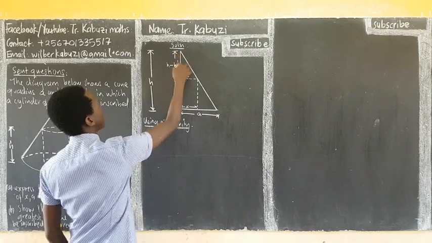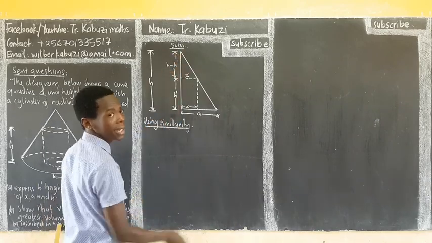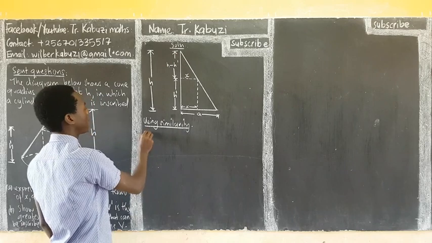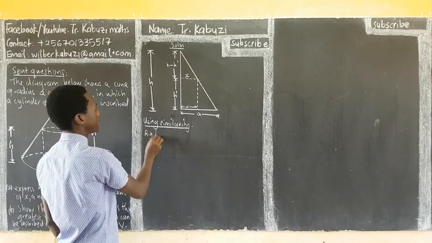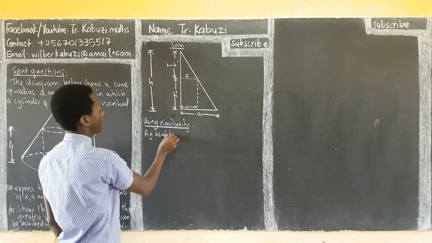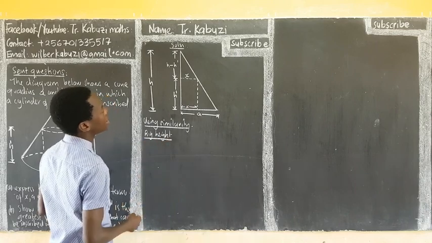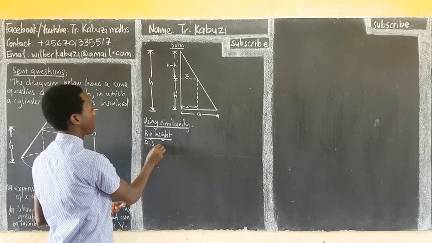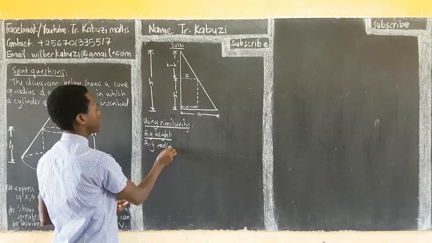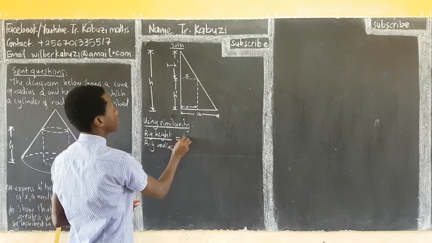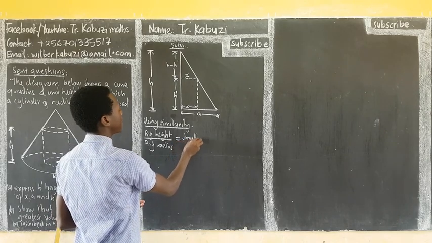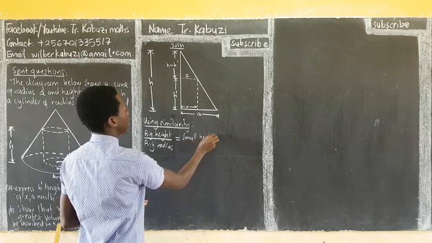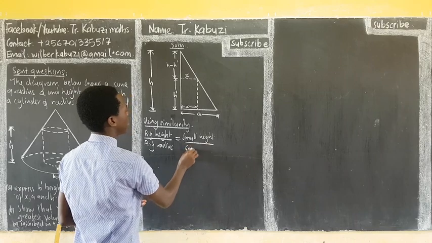Or you can say the small over the big. It's up to you. So from there, I'm going to say big height over big radius is equal to small height over small radius.